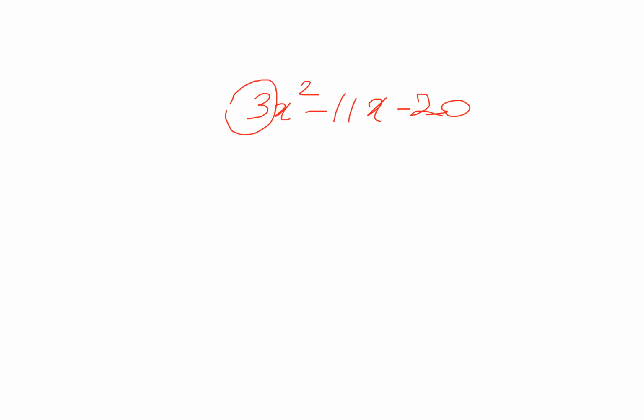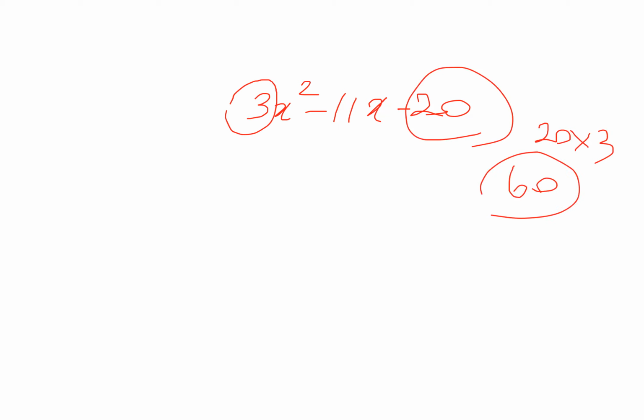So therefore, to solve this one, you have to find the factors, not only of 20, you need to take 20 multiplied by 3, that is 60. Factors for 60, right? What are the factors of 60? 10 into 6, okay? And 15 into 4, no?